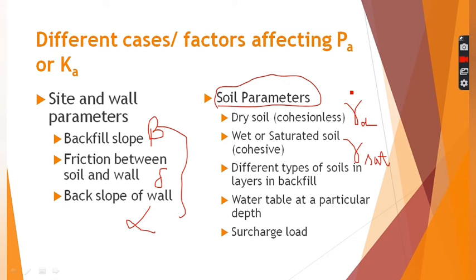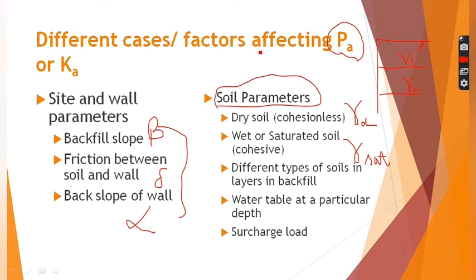You have studied all these properties in geotechnical engineering. Next case is you can have different types of soils in layers in the backfill. Like there is a wall and the backfill consists of different layers of different types of soils. This will have a different gamma and this will have a different gamma. So automatically if gamma is different, that will influence the value of Pa.